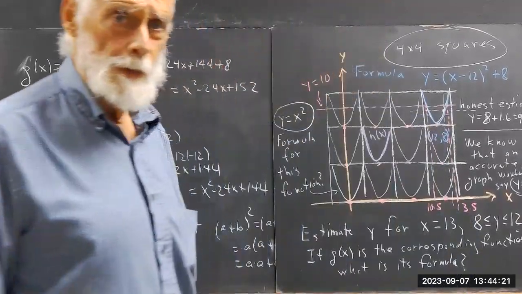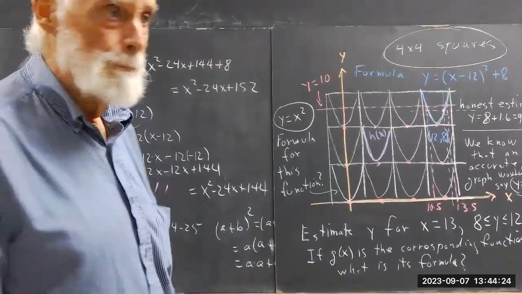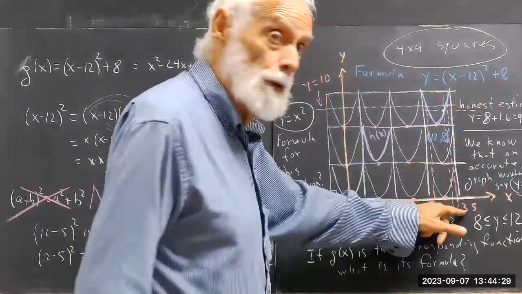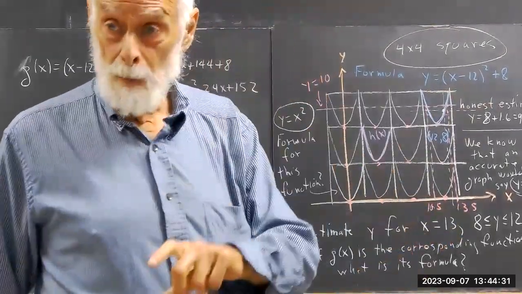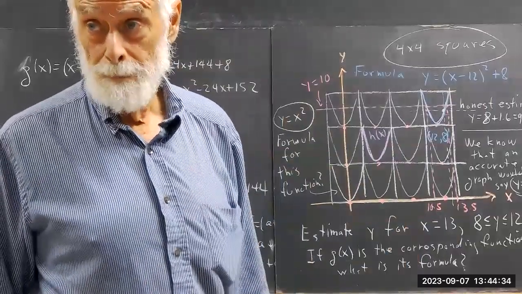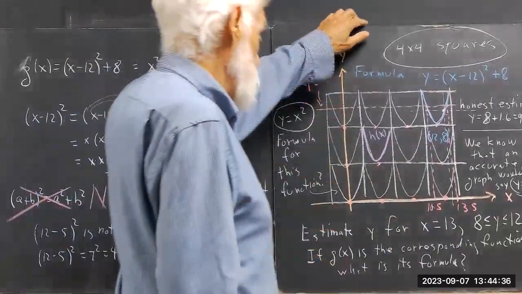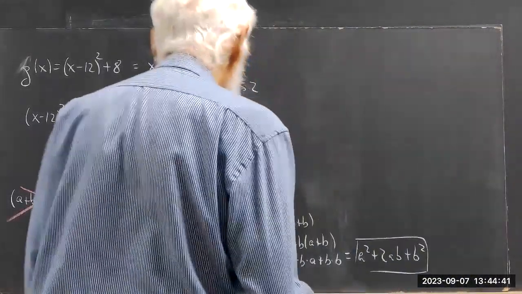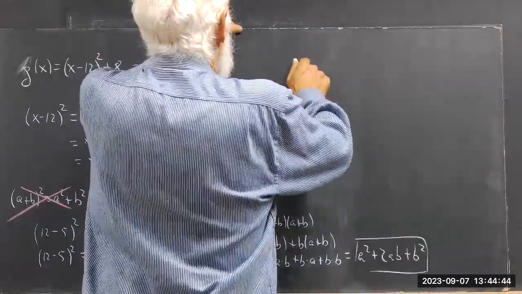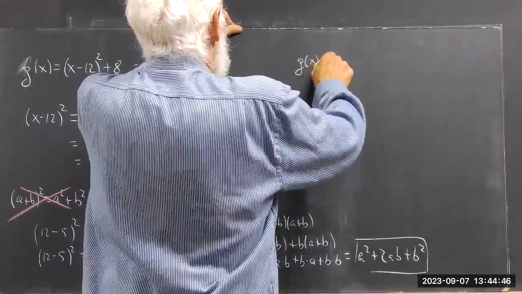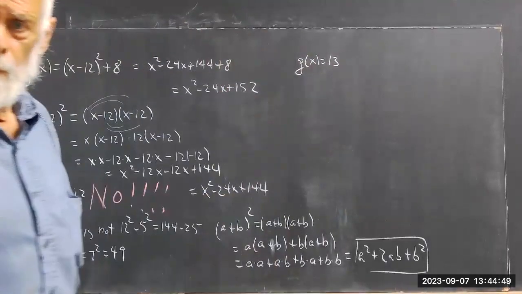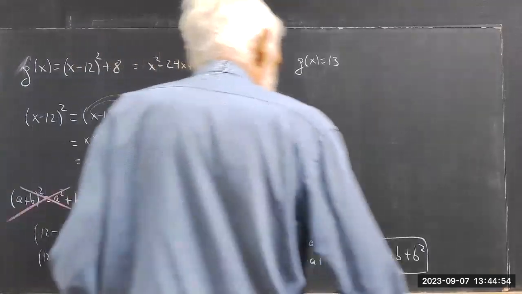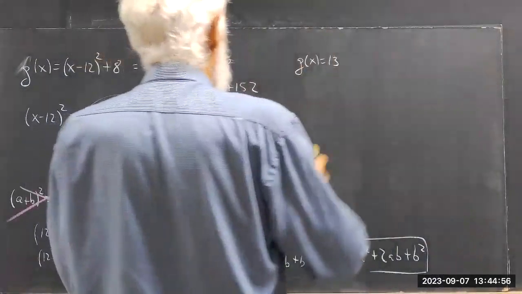Understand what I just did? The g of x function is 10 when x is here or here. I estimated 10.5 or 13.5. Okay, let's test it. And it's not 13, it's 10.